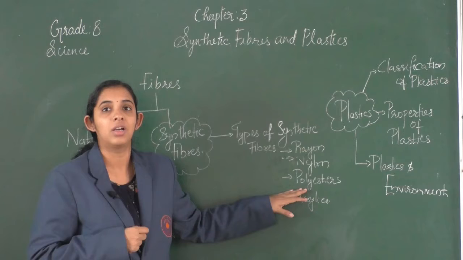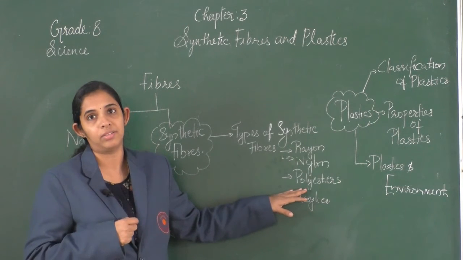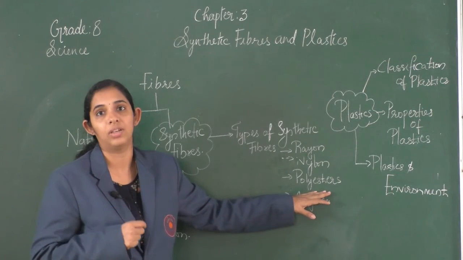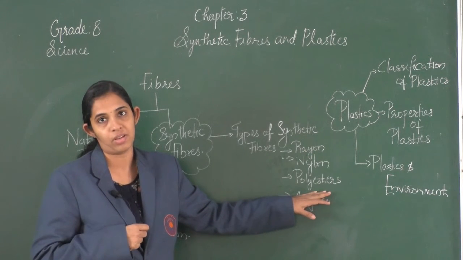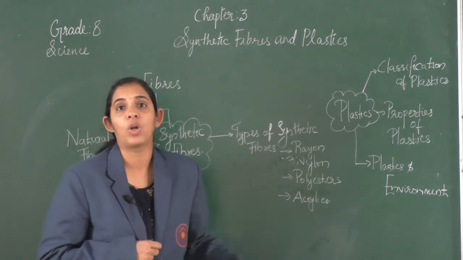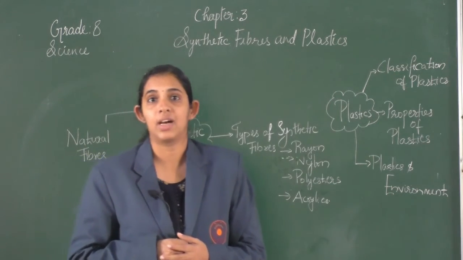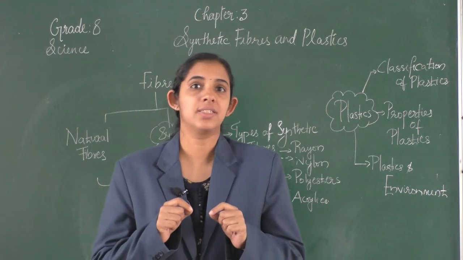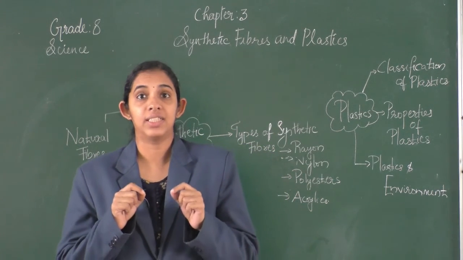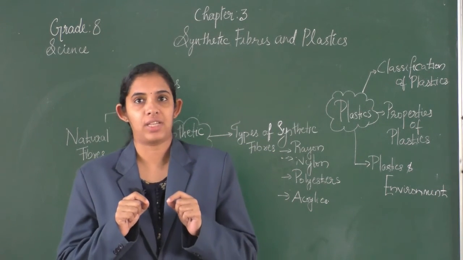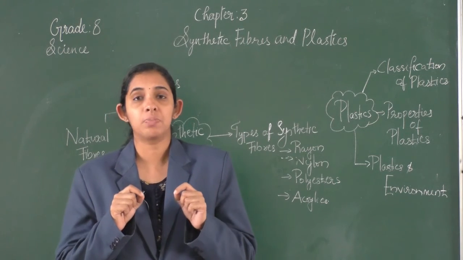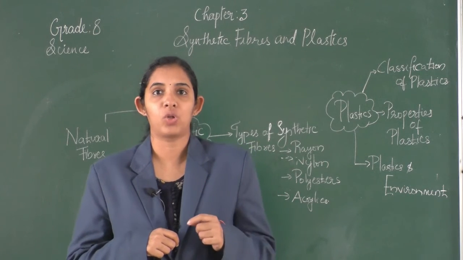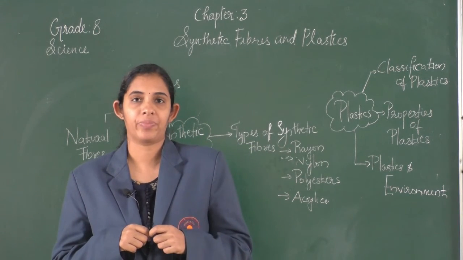For example, polyester plus cotton, we get polycot, or polyester plus wool, we get polywool. The commonly used polyester in fabrics is terylene. Another very familiar form of polyester is PET, that is polyethylene terephthalate. This polyethylene terephthalate is widely used in the manufacture of bottles, utensils, etc.